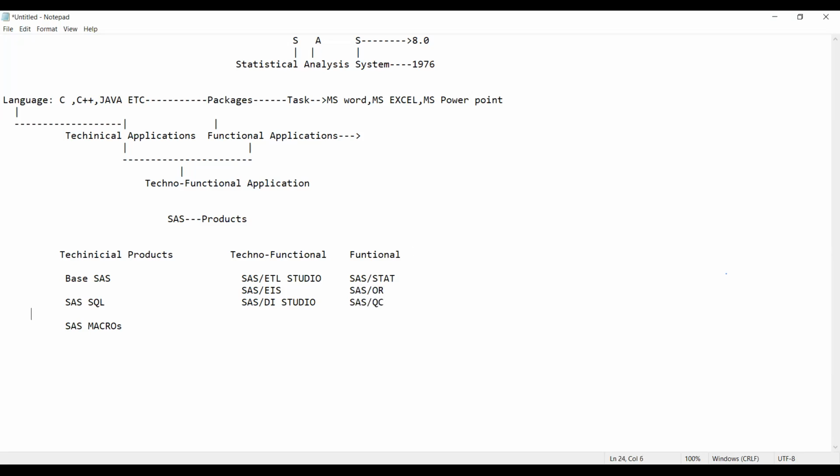Then we have SAS Econometric Time Series, ETS. Likewise, we have all the products in SAS. The SAS products are classified into three categories: technical, techno-functional, and functional.